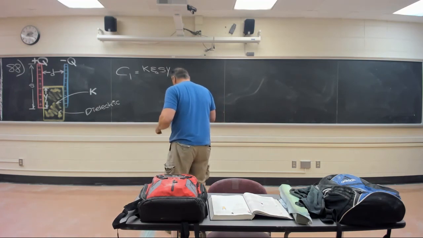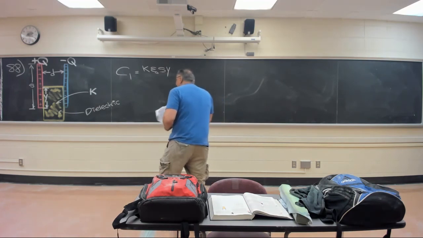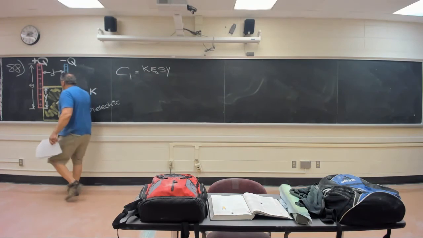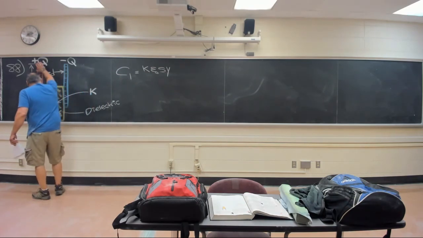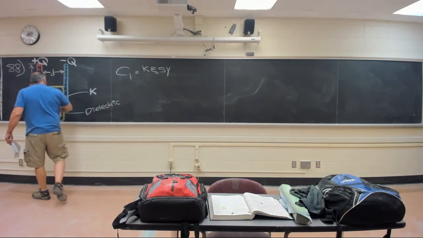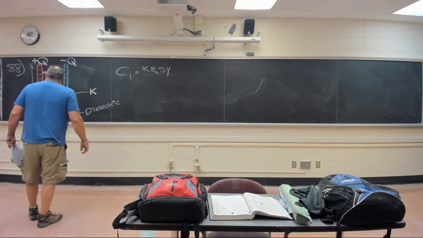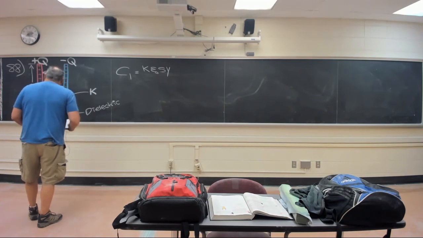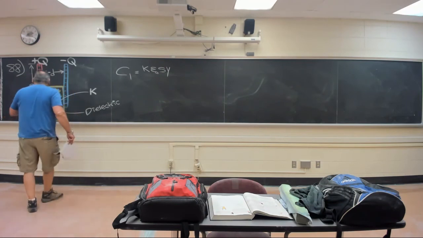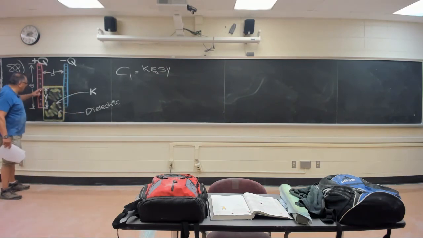S is this length, Y is here. Because they're square, what are the dimensions of this? Well, this has a height this much and a width of S going into the board. So Y times S is the area.